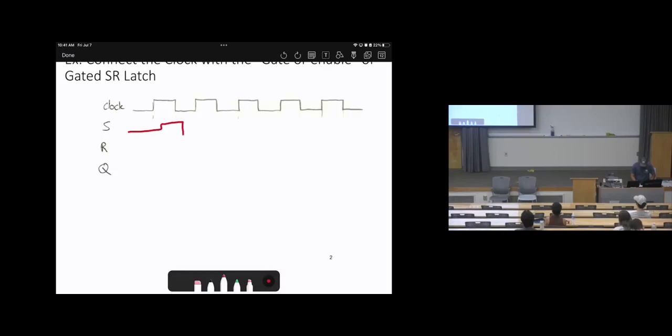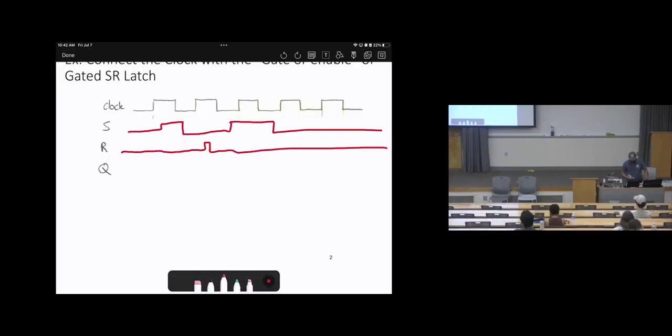Here is S and the R, like this. Let's assume the initial condition is 0.